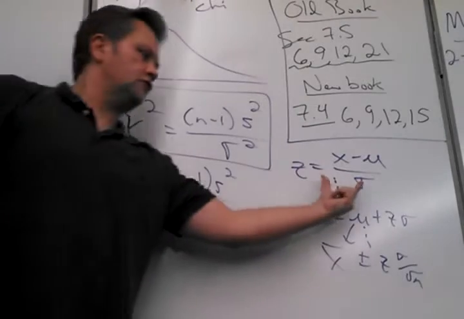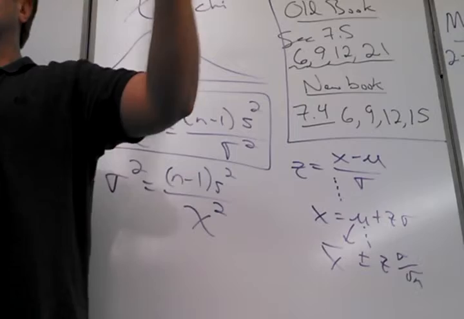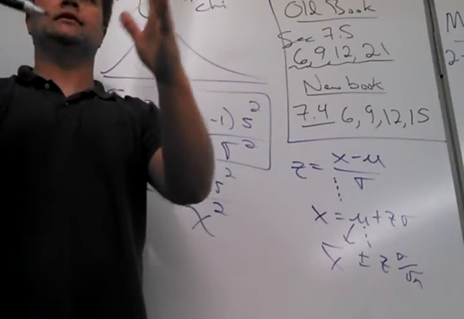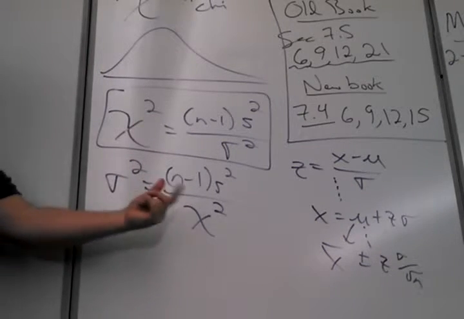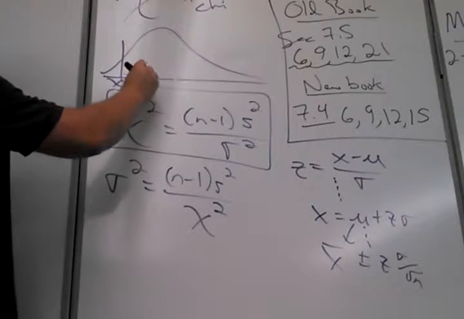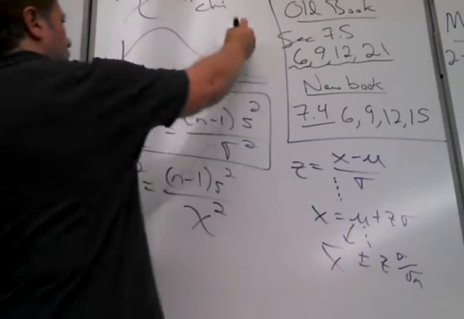So confidence intervals for z-scores are always easy for normal distributions because if one side is negative 1.96, the other side must be positive 1.96. And that's why the formula is so nice and easy. You can write it really concisely. This one, you can't. Because you're going to have one chi-square that I call chi-square small, and the book calls chi-square left, and that always confuses me, and chi-square big.